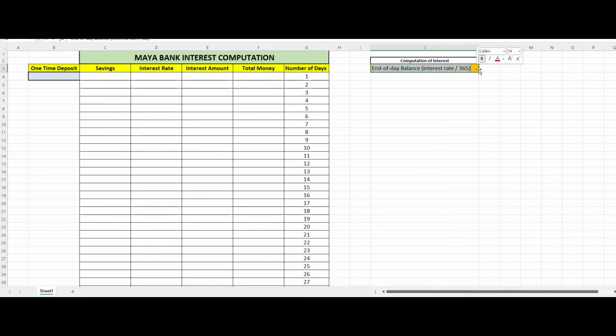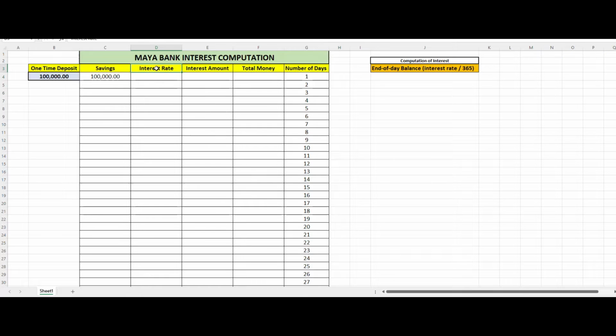So using this table, we can know the distribution of your money and the interest. For this one-time deposit, if you put 100,000 pesos, your savings is also equal to 100,000 pesos.